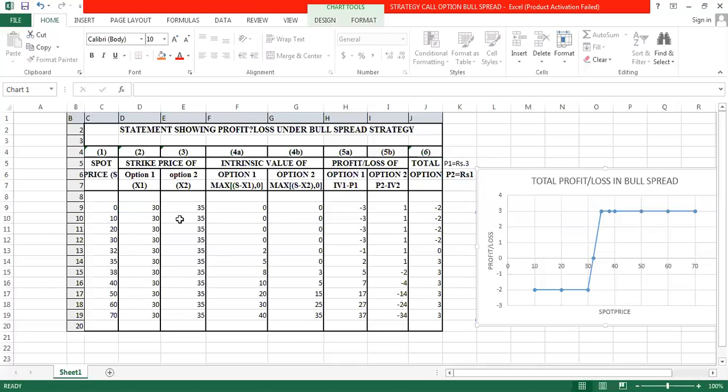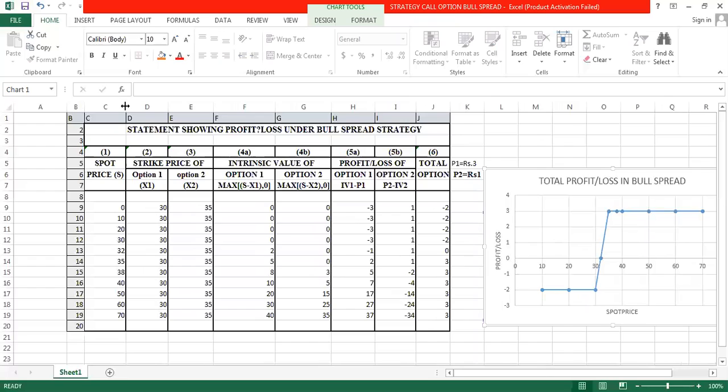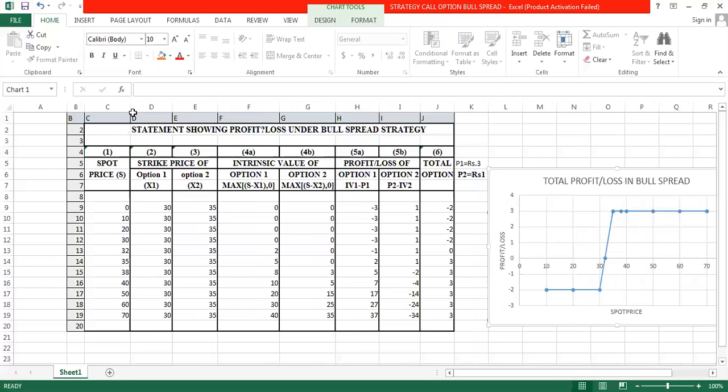On the basis of that, now we are trying to explain this Excel sheet in detail. In the first column, we have considered different spot prices of the underlying equity share. We are considering different spot prices because we have to compare the profitability position under different situations.